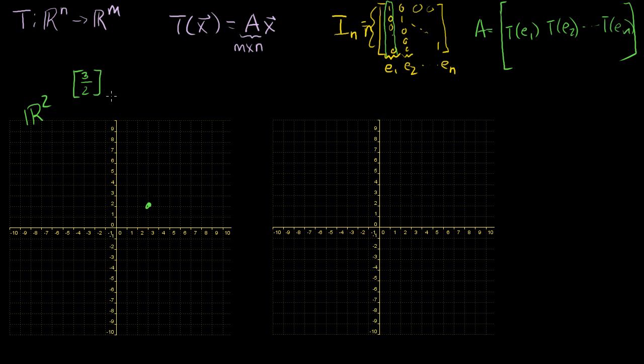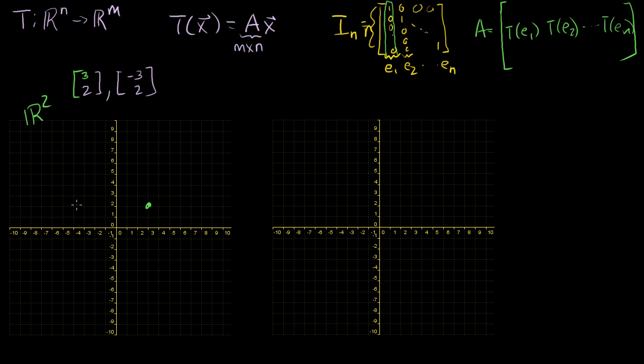And then let's say that your next point in your triangle is the point minus 3, 2. I shouldn't have written that as a fraction. I don't know why I did that. Then you have the point minus 3, 2.